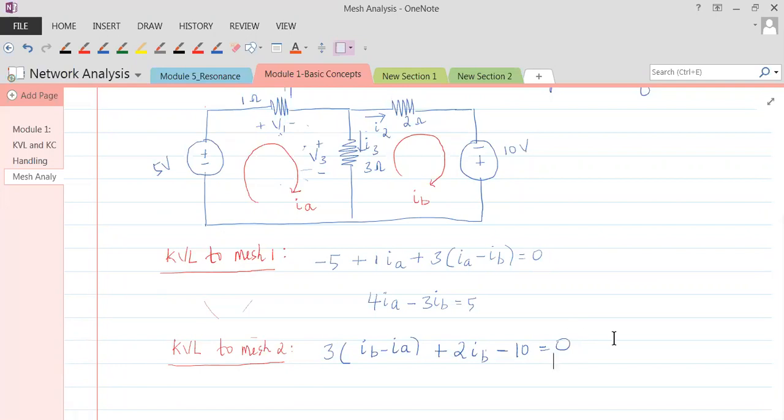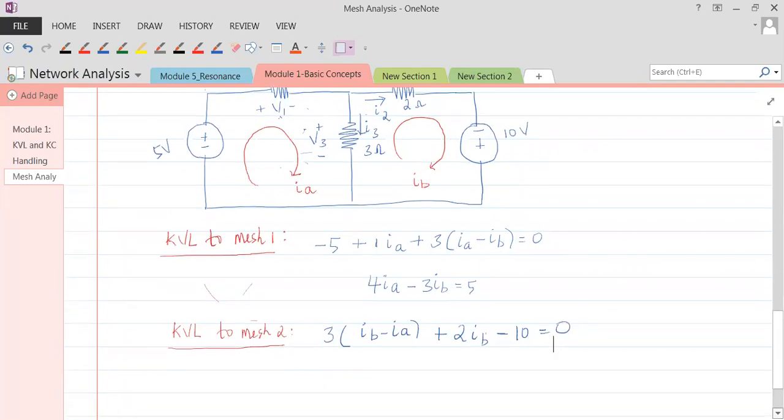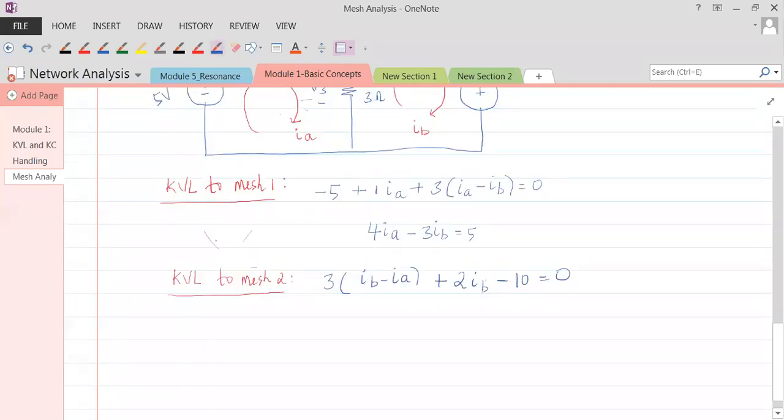Now bring this to the standard form. How many IAs are there now? It is minus 3IA plus 5IB. Minus 3IA plus 3IB plus 2IB would become minus 3IA plus 5IB equal to 10.